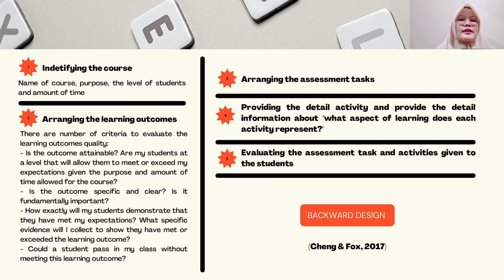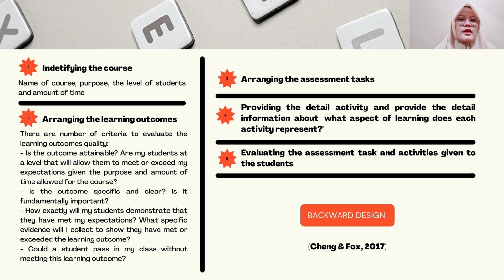And then there are some of the criteria that we can apply to evaluate their quality. The first one: is the outcome attainable? Are my students at a level that will allow them to meet or exceed my expectations given the purpose and amount of the time allowed for the course?